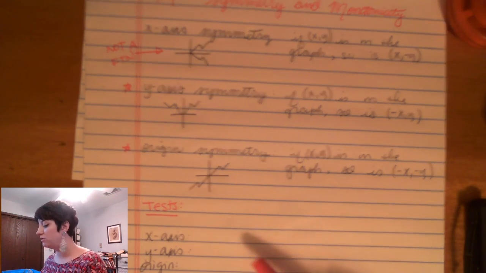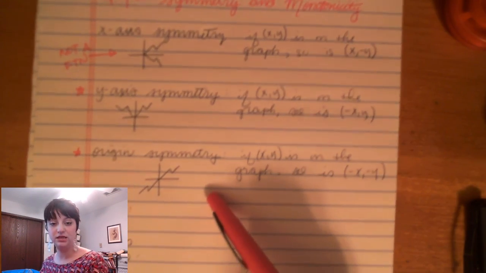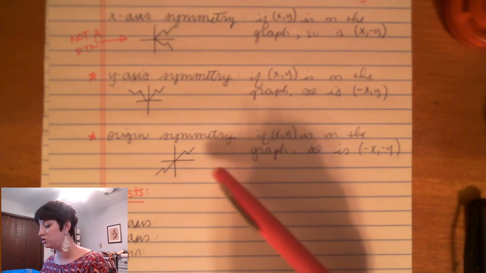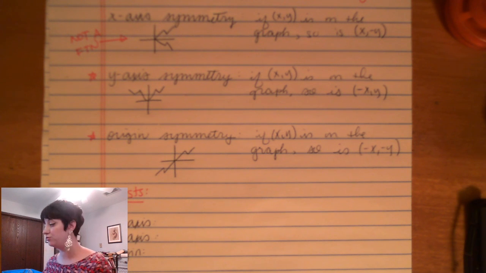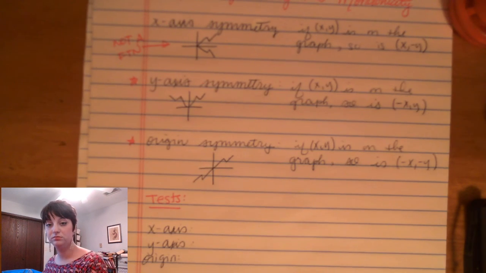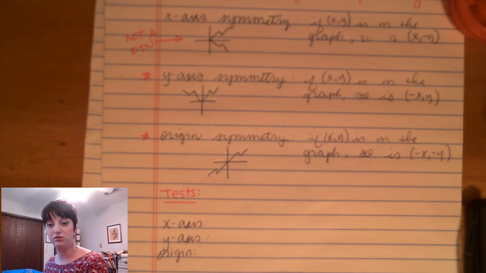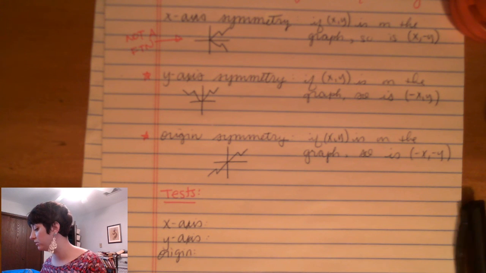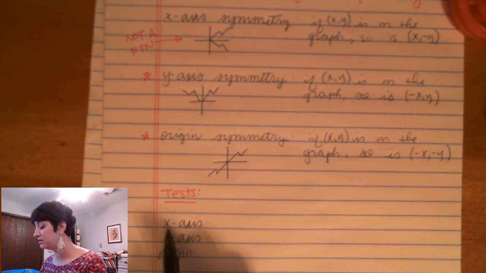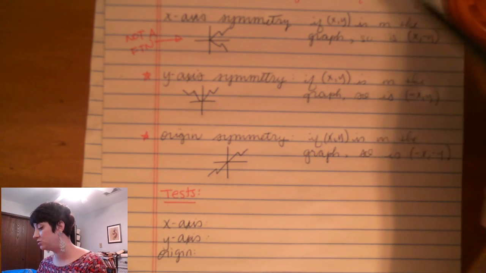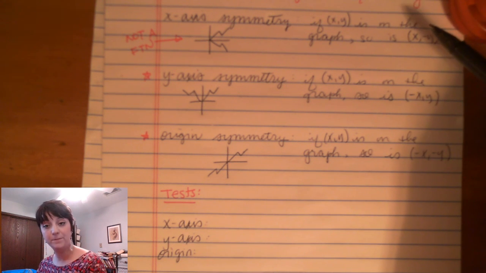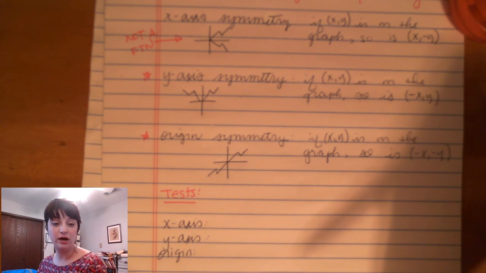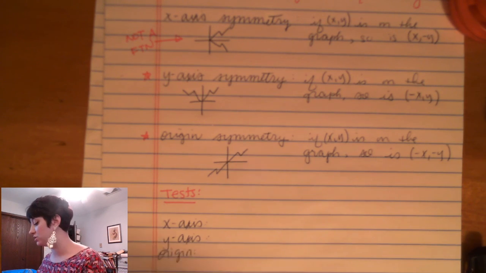All right, so these pictures that I've sketched tell us what our test should be, right? If you're on the graph, then you make the equation true. Sorry, the camera does a mirror, so moving left on the camera actually is moving right in real life. Okay, so x-axis symmetry says that if (x, y) is on the graph, so is (x, -y), meaning y and negative y both give solutions to the equation.